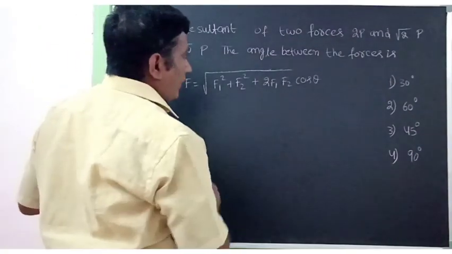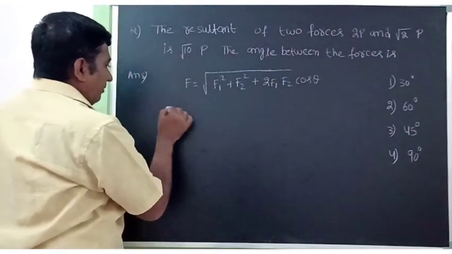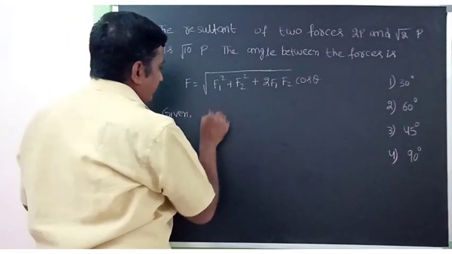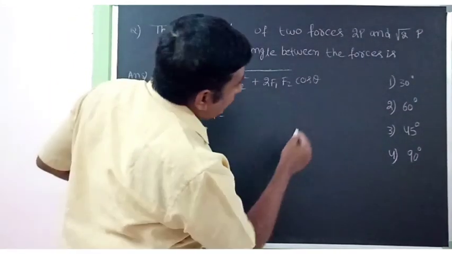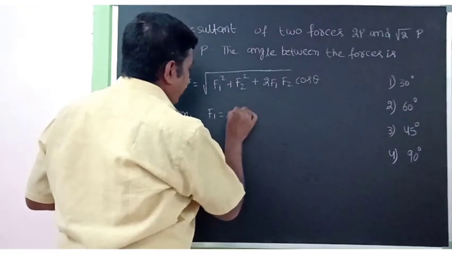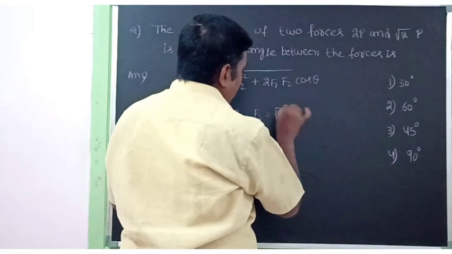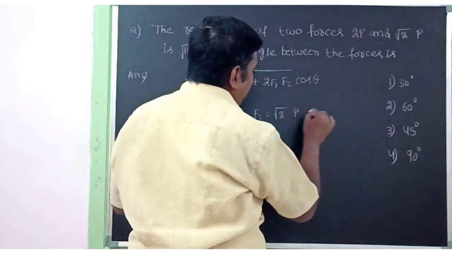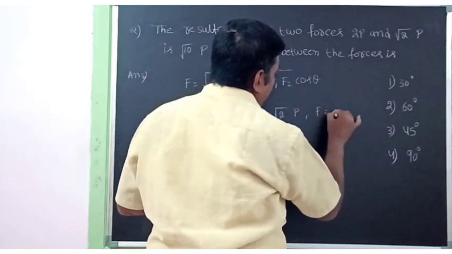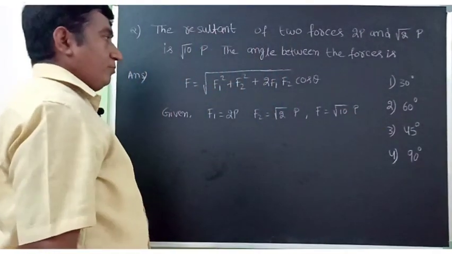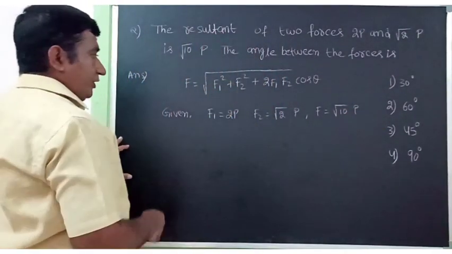Here we can consider F1 is equal to 2P and F2 is equal to root 2 into P, and the resultant force is root 10 into P. So we should have to find out the value of theta.